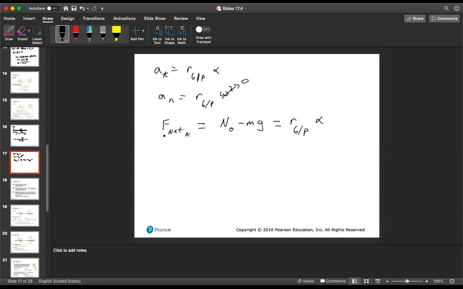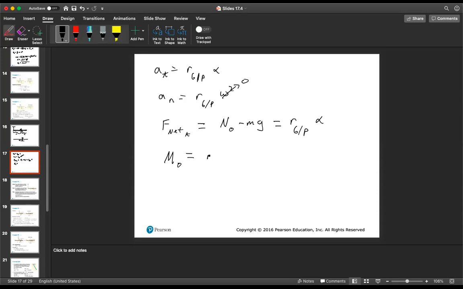And then we can work out the moment equation, which is the moment about point O. Well, the normal force doesn't generate a moment about point O, but the weight does. So that's going to be a positive moment because it is counterclockwise.